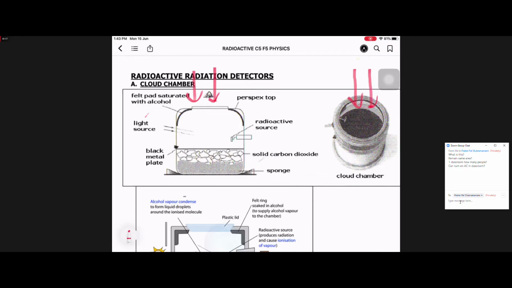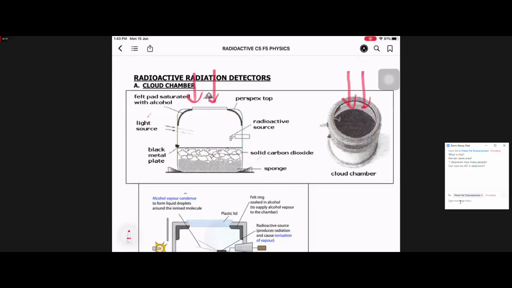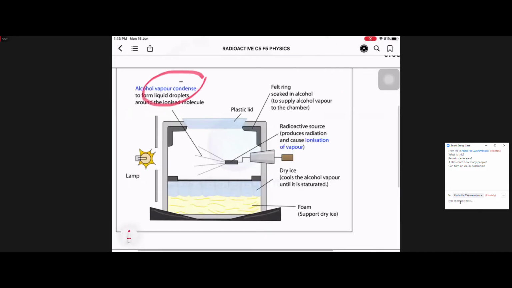Okay, now, alcohol vapor condenses, right? You get thick vapor, and the alcohol vapor is saturated because of the dry ice. So here you get a very thick one. Okay, now what happens? See carefully.